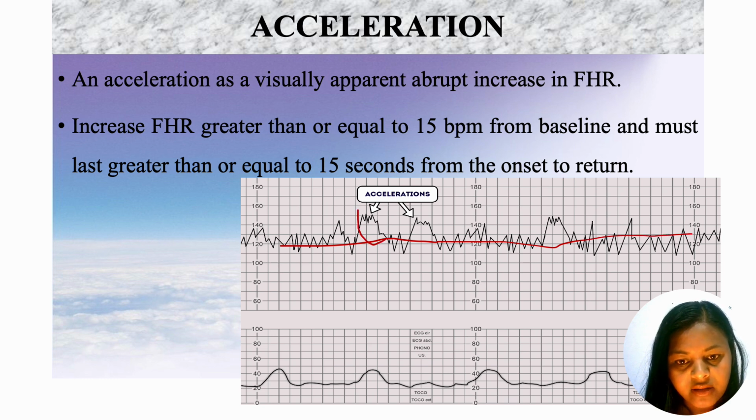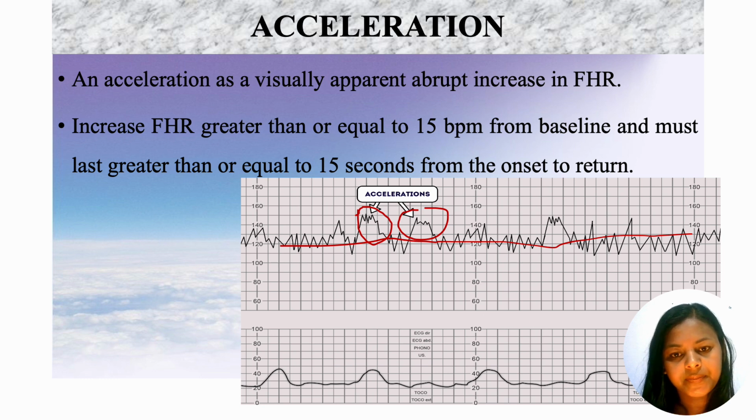This increase in the heart rate is called acceleration. The increase from the baseline should be at least 15 beats per minute or more, and it should last at least 15 seconds. And in a 20-minute period of CTG, there should be at least 2 accelerations to call it a normal CTG.